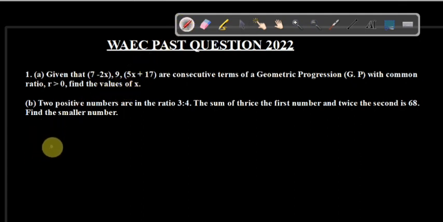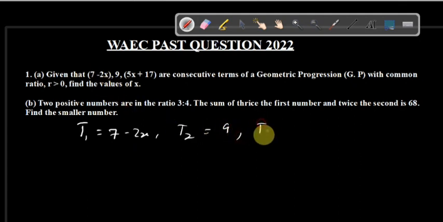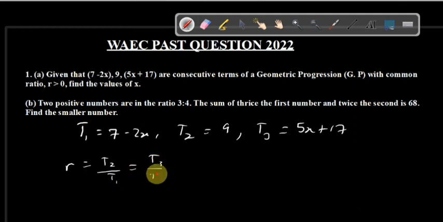So here we know that for terms in a series, the first term is given as T1. So that will be equal to this, 7 minus 2x. T2 is equal to 9. And T3 is equal to 5x plus 17. That's the one we have here. So the common ratio r is equal to T2 divided by T1, or T3 divided by T2.